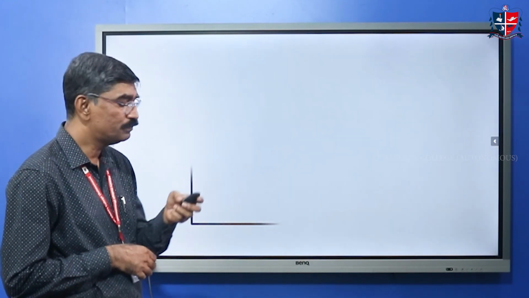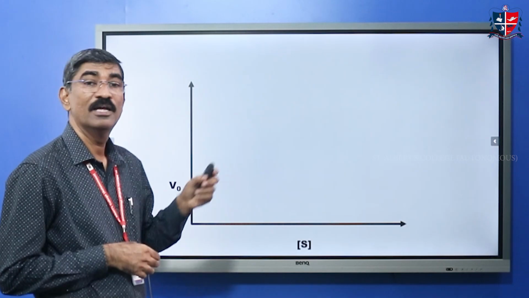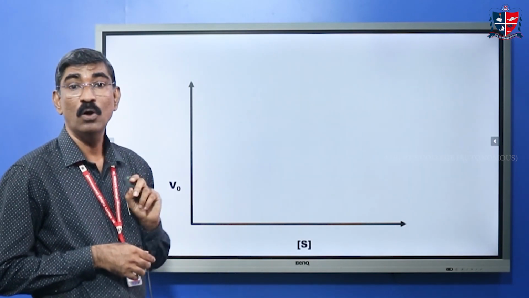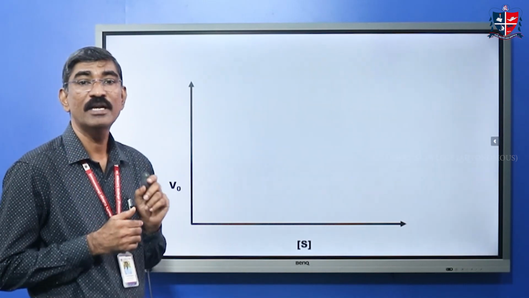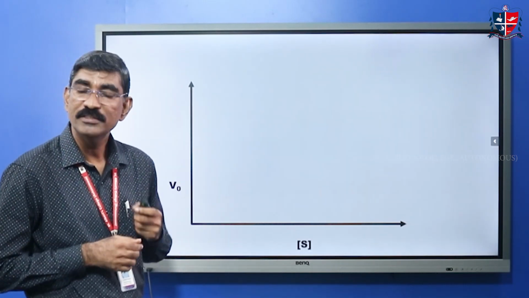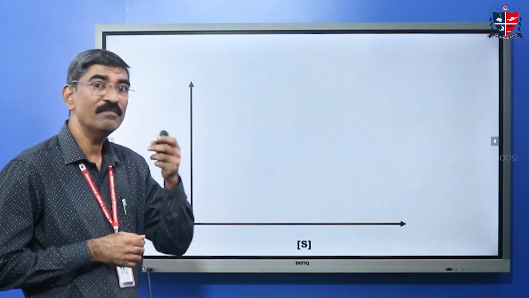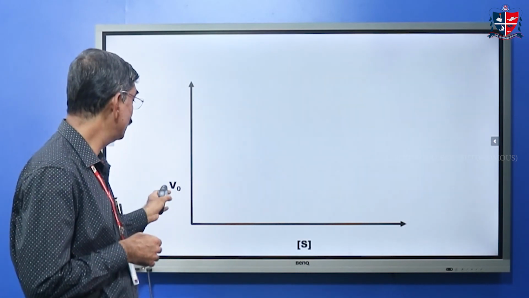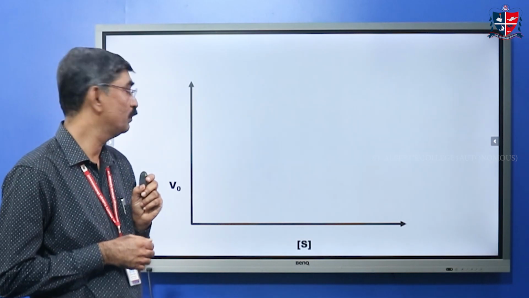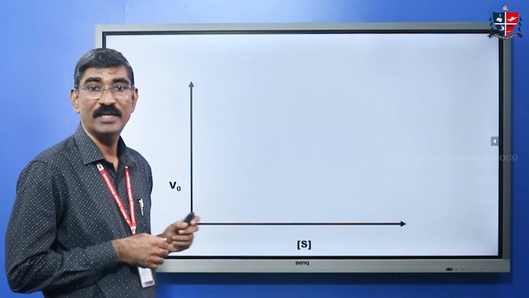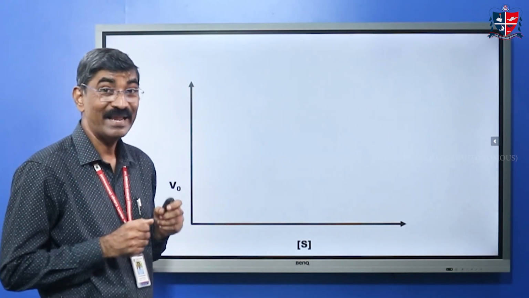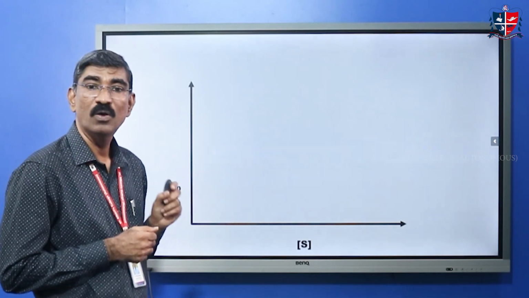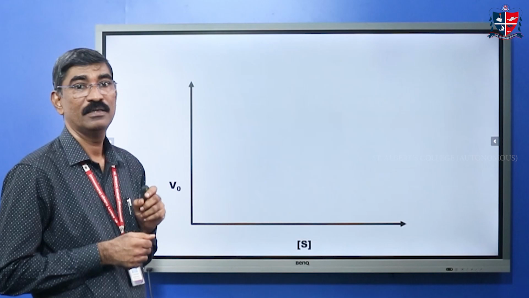Now let us consider an enzyme catalyzed reaction. You are going to plot the substrate concentration and the initial velocity. The initial velocity is taken on the y-axis and is denoted by V0, and the substrate concentration, anything in square brackets denotes concentration, is plotted on the x-axis.